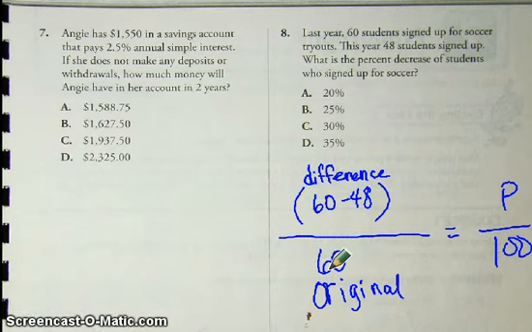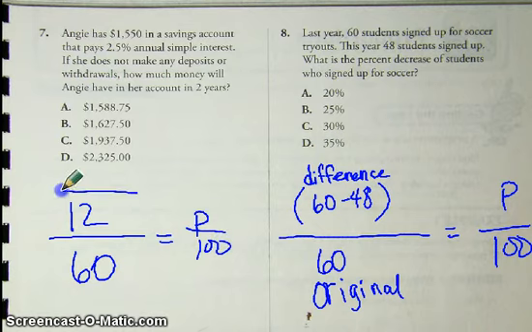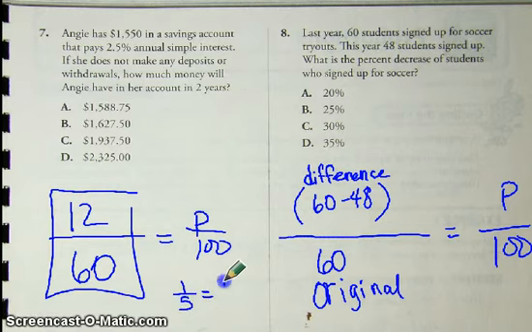Okay, so 60 minus 48 should be 12. And then I'm going to come over here. 12 is the difference over 60, the original amount. Now, I can see here 12 over 60 will simplify to 1 over 5.